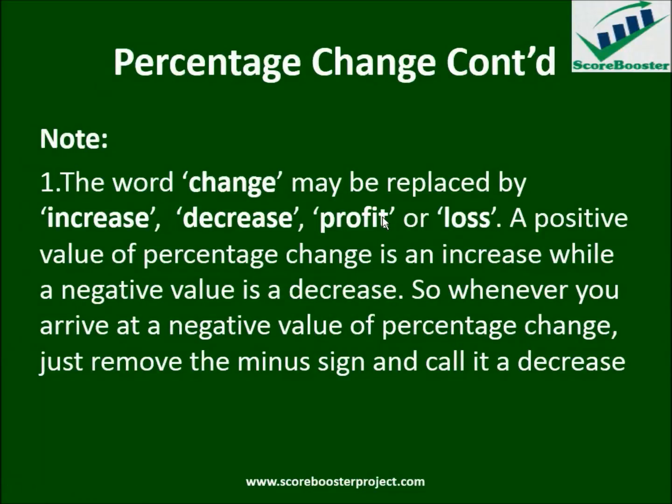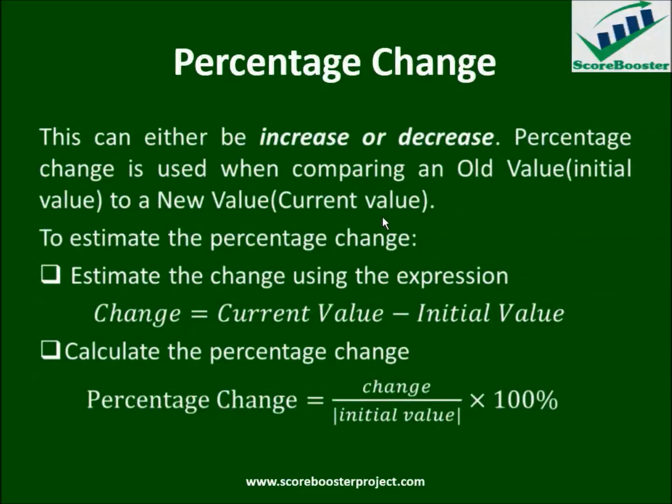So a positive value of percentage change is an increase, while a negative value is a decrease. So whenever you arrive at a negative value of percentage change, what you do is just remove the minus sign and call it a decrease. In essence, you might have a situation whereby the change will be negative.